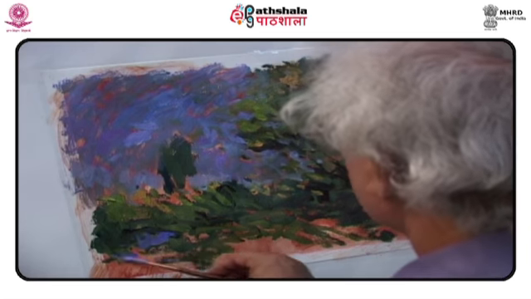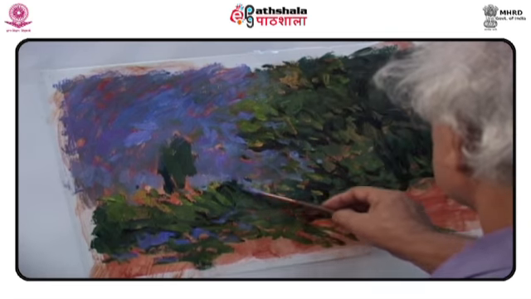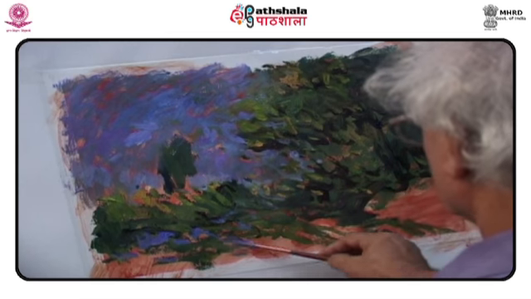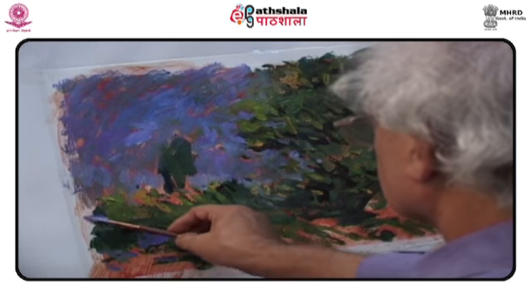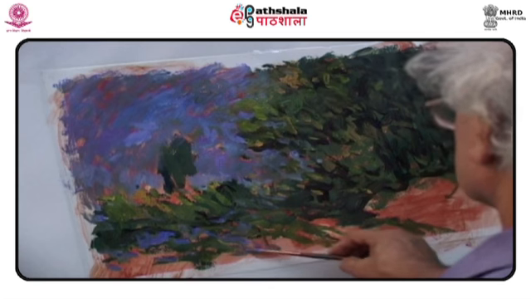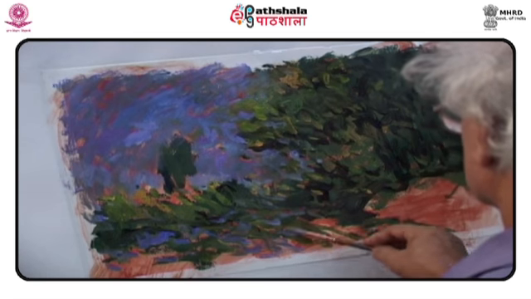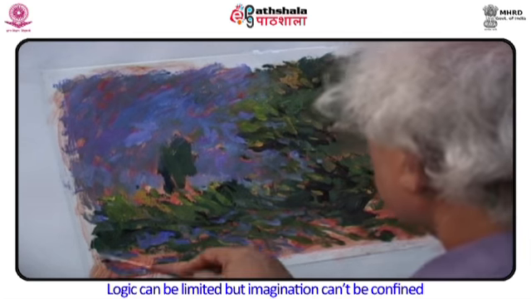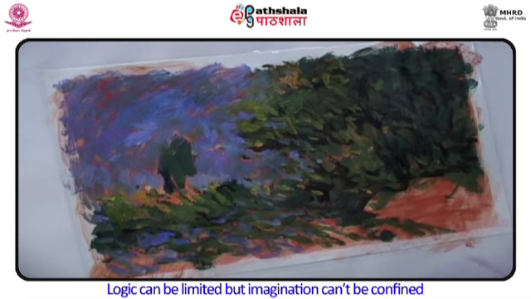Add a few strokes of mauve in the foreground to create a connection between the two surfaces, that is the background and the foreground. One's imagination can go to any limits. Logic can be limited, but imagination can't be confined.